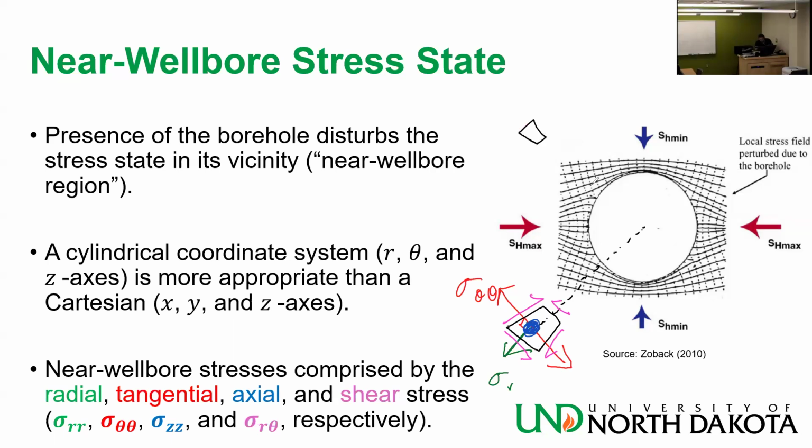I start from the middle of the well, and I draw a dotted line, and I extend it with green ink, and that would be sigma RR, the radial stress. Perpendicular to it is the tangential stress, sigma theta theta.